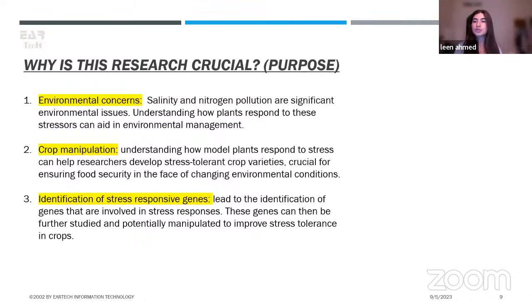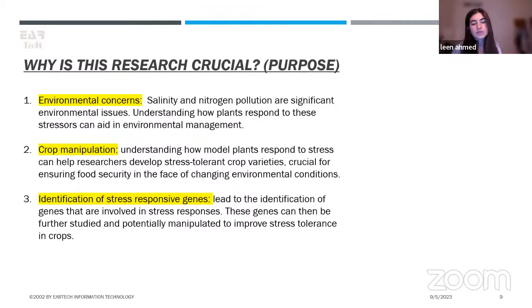Basically, what researchers do is they do this on a model plant, and they can pinpoint exactly what gene caused the plant to stress and look different as a phenotype, and they can genetically modify it. And if that were to happen on a larger scale, in a cropland, let's say, they can easily manipulate all the plants or the crops to be more tolerant to these stressful conditions.